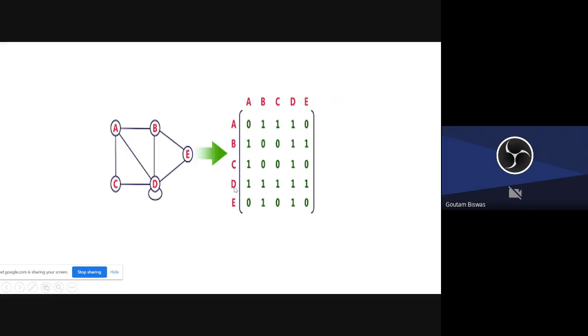Then D to A, one edge; D to B, one edge; D to C, one edge; D to D is one edge, so this is a loop, so 1; and D to E, 1. Then E to A, 0; E to B, one edge; E to C, no edge; E to D, one edge; E to E, no edge.